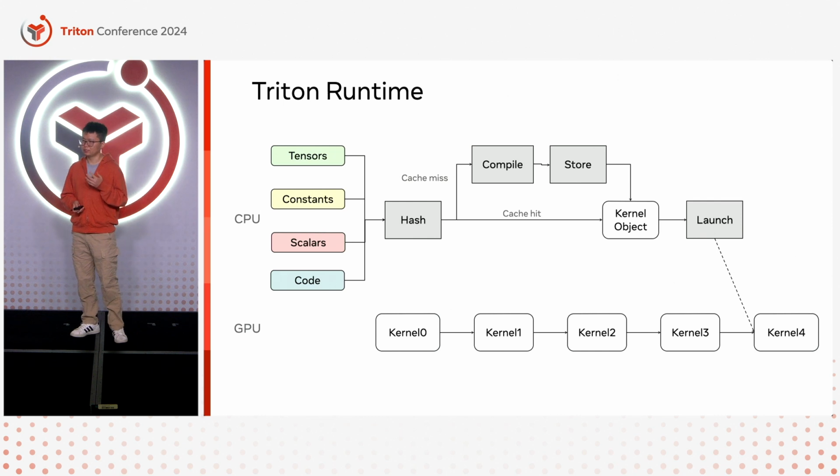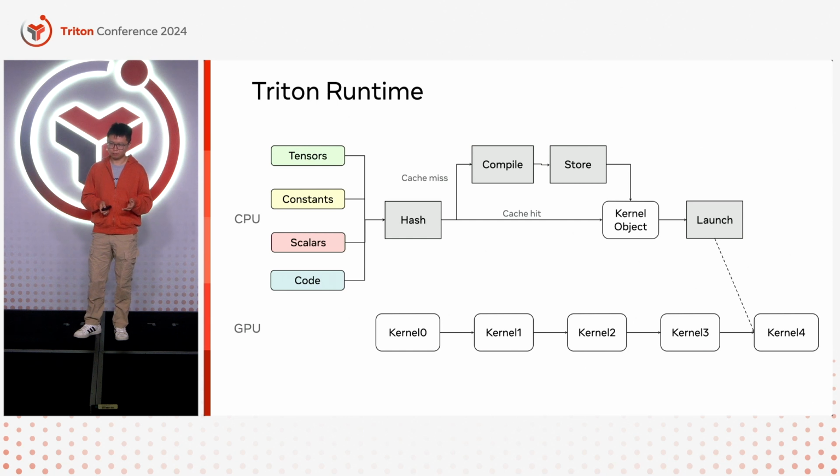For each individual Triton kernel, we calculate a hash using the input tensor values, constants, scalars, and its source code. Then we inspect and check if the hash has already been handled by the Triton runtime, and see if we have a cache miss or cache hit.